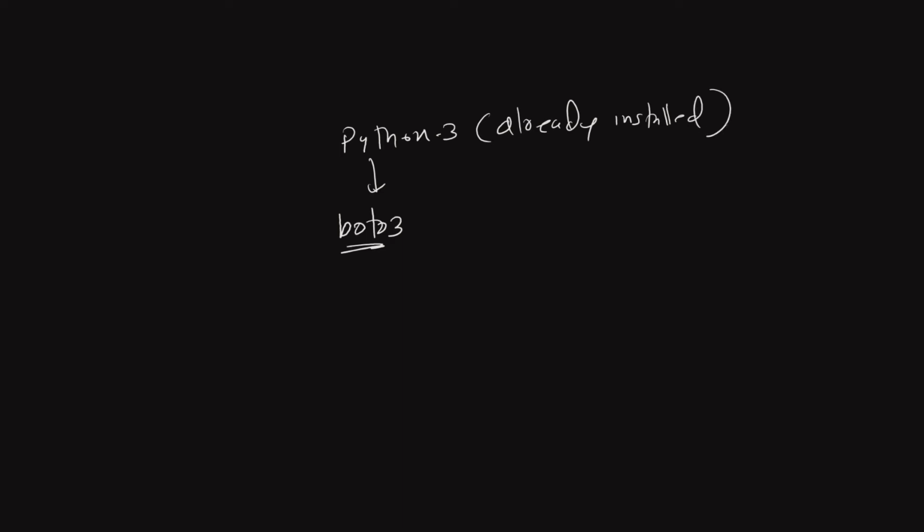Now let's take a look at what are the components that we need to install in order to run this Boto3 code. Boto3 is the code that we need to run, and Boto3 is based on Python. So we need Python 3. Actually, this should have been already installed because it comes with Ubuntu.